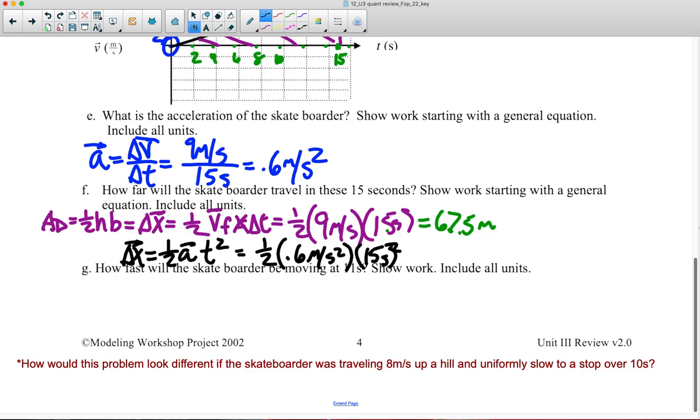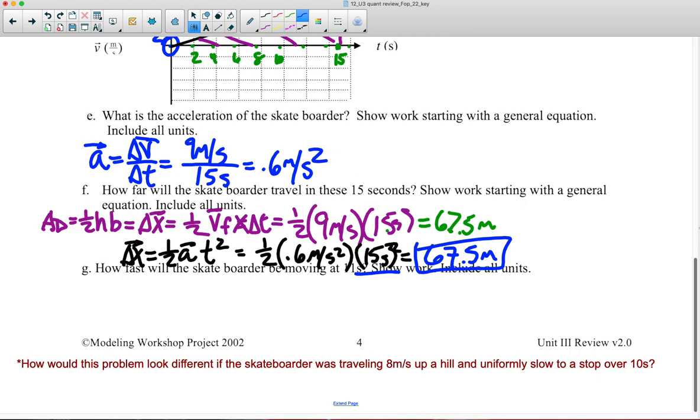It doesn't look like I'm going to have space to write it out, but by order of operations, we want to square 15 seconds first, and 15 times 15 is 225, and you multiply that by 1/2, and multiply that by 0.6, and you still get 67.5 meters, so you get the same answer either way.